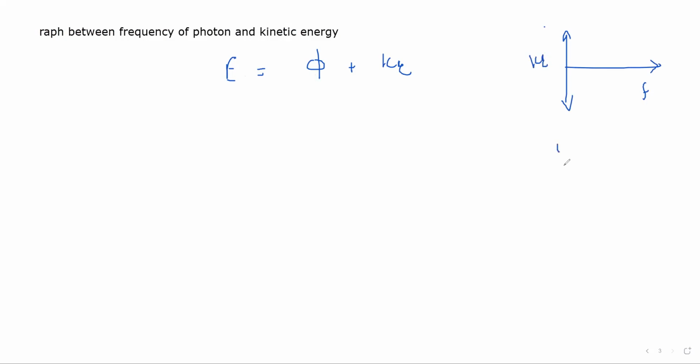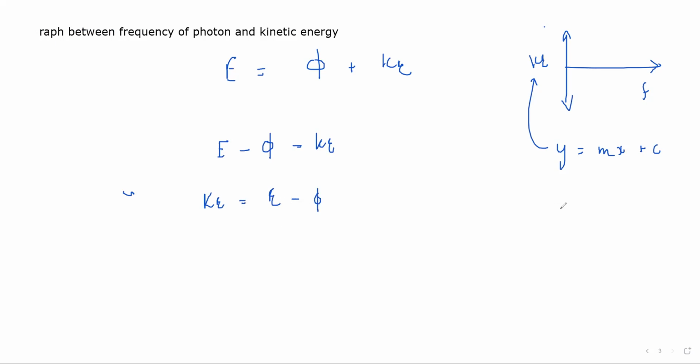So we want the equation y is equal to mx plus c. We want to rearrange this equation, so the quantity on the y-axis should be separated. If I move phi to the other side, it becomes E minus phi is equal to KE, or I can say KE is equal to E minus phi.